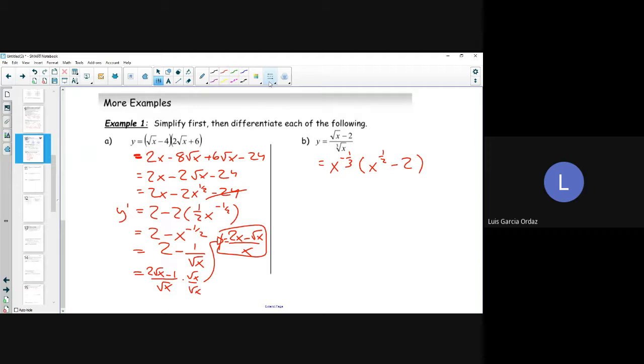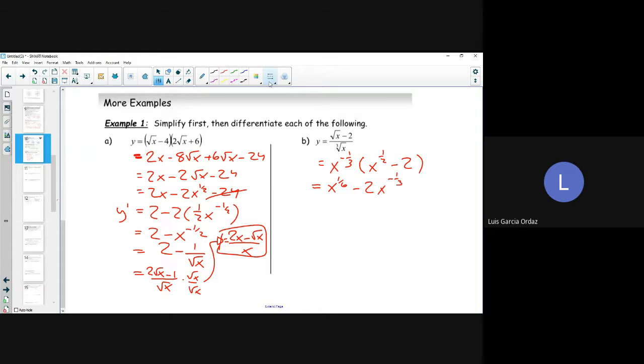So now I have to distribute my x to the negative 1/3 into my brackets. So remember, guys, exponent rules, exponents with the same base, we have to add my exponents. So I have to add negative 1 over 3 and 1 over 2. So that gives me x to the 1/6 minus 2 times x to the negative 1 over 3.